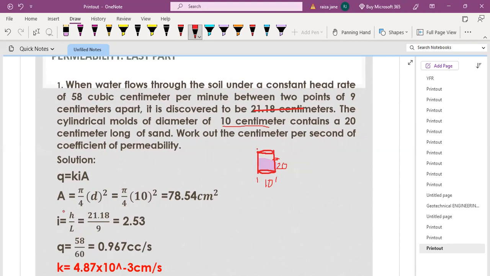hydraulic gradient. We have H over L. The H stands for head loss and L stands for length. Then the head loss will be 21.18 centimeters. Discovered natin na 21 ay yung head loss niya.